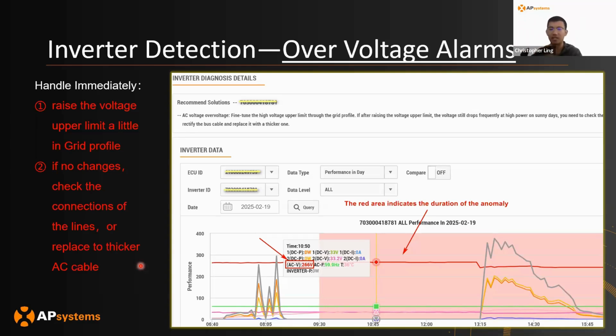The stricter limits can be expanded in software and can be done in the background by our tech support. There are also conversations of us allowing that to be done by installers as well, and that's something we're looking into making available. So if you do run into these issues where it over voltages, we're looking into having a way that allows you as an installer to expand those ranges.